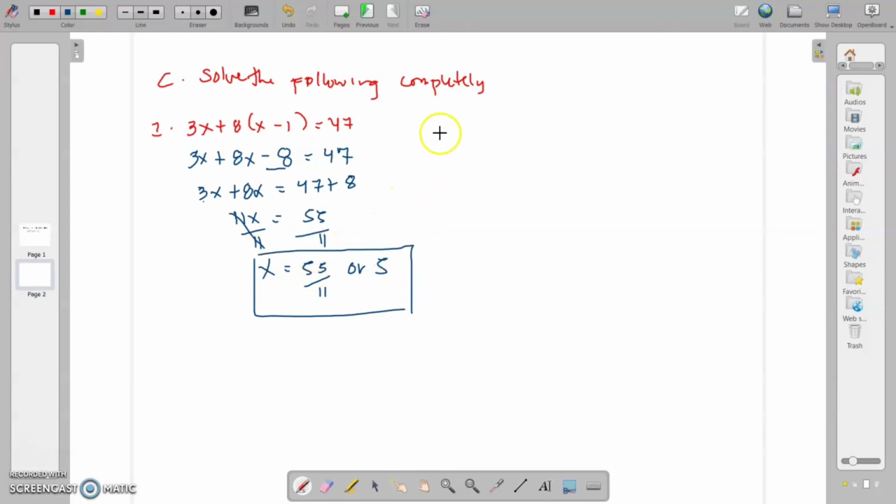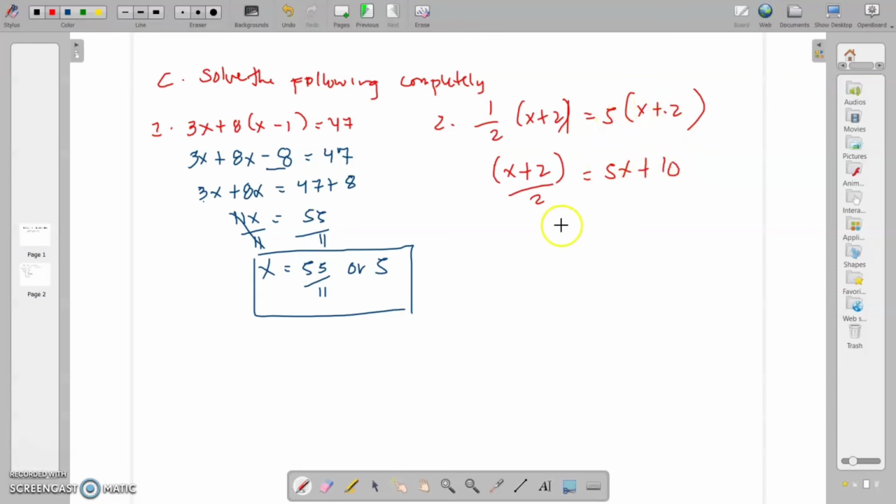How about the answer in number 2? So in number 2, 1/2 times (x plus 2) equals 5 times (x plus 2). So 1/2 times x is x over 2, plus 2. Ganyan. And 5 times x is 5x plus 5 times 2 is 10.